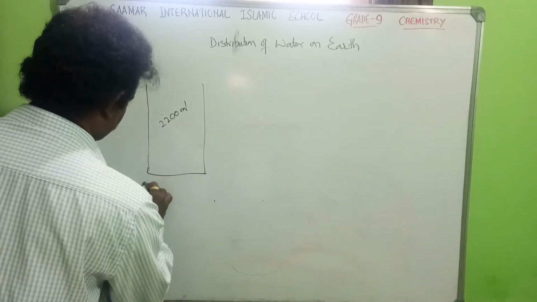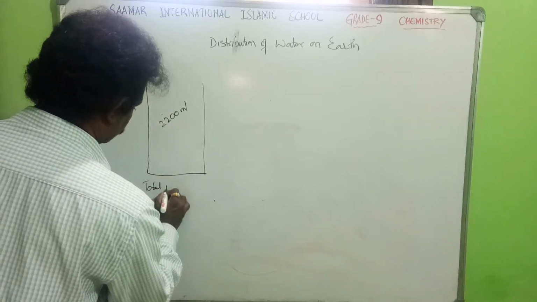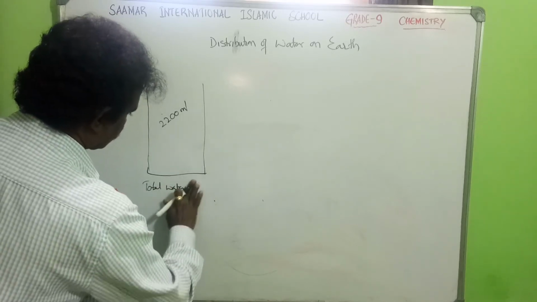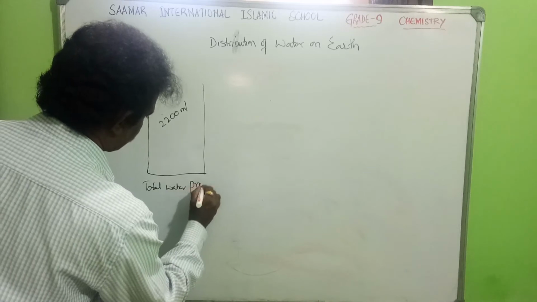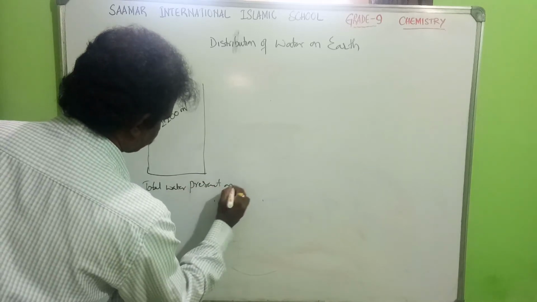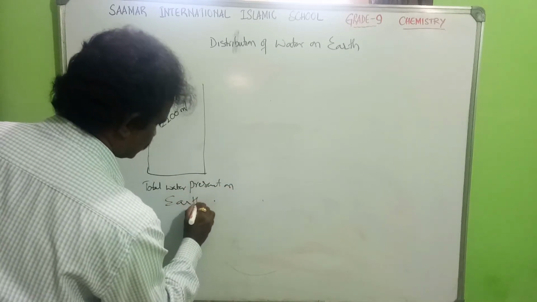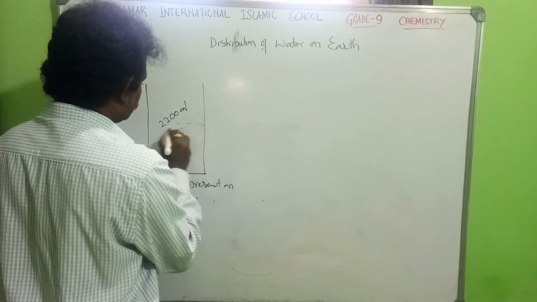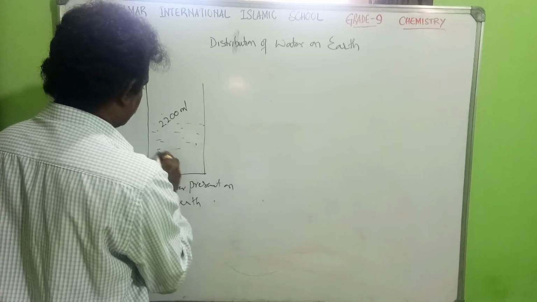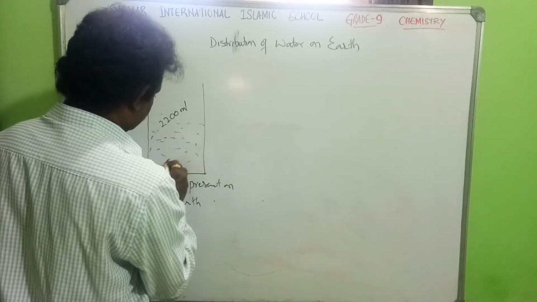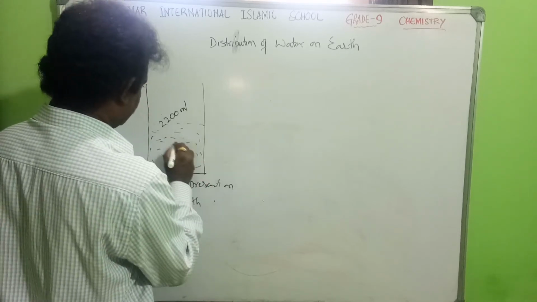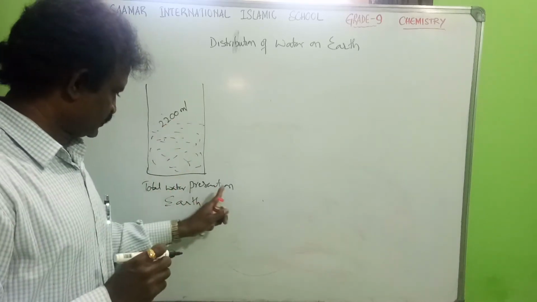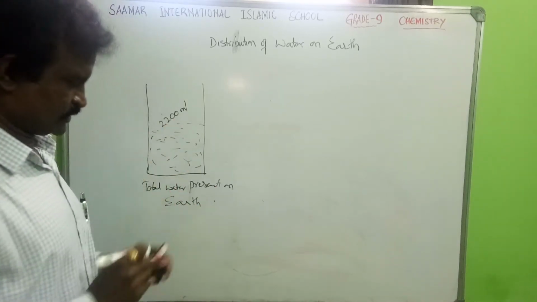Total water present on earth. Clear? Now, how many ml is that? 2200 ml. That means we'll assume that a beaker containing 2200 ml is the total water present on the earth.